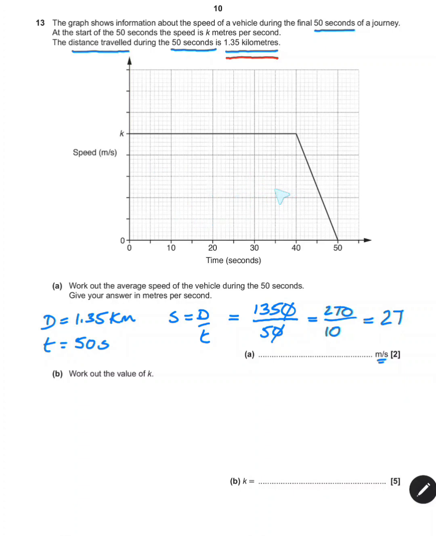And the distance on a speed time graph actually comes from the area underneath the graph. So we know that this area is 1.35, and it represents 1.35 kilometres or 1,350 metres. So we need this area to come to 1,350.